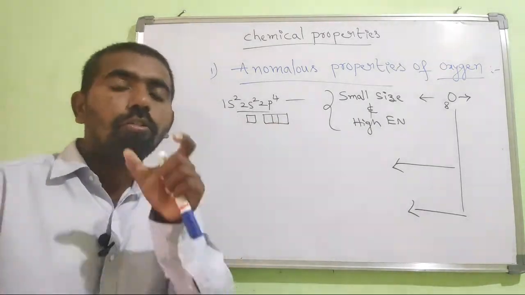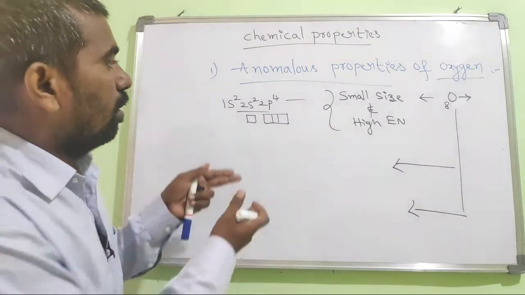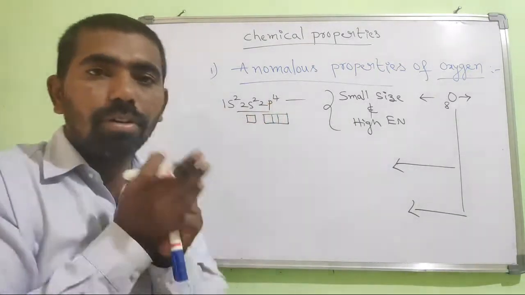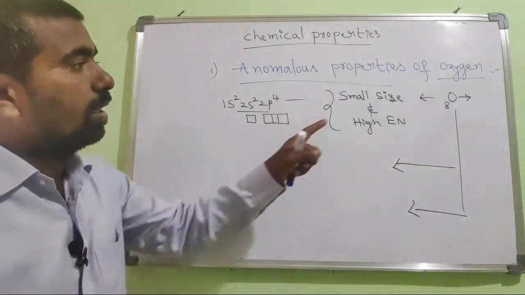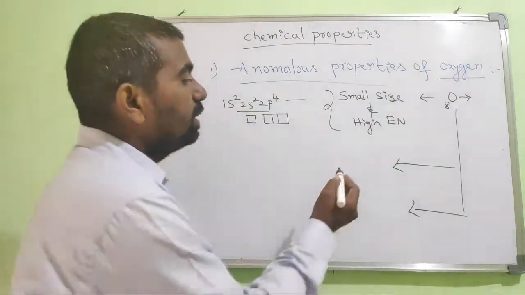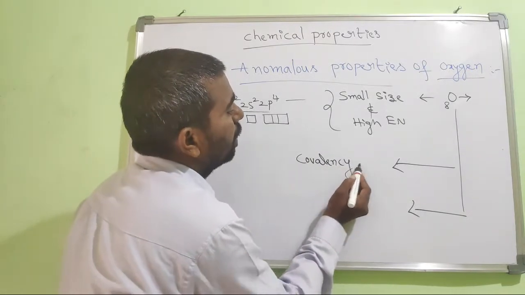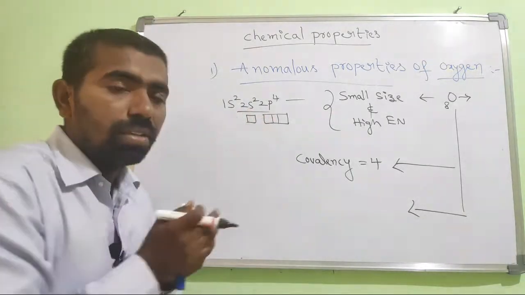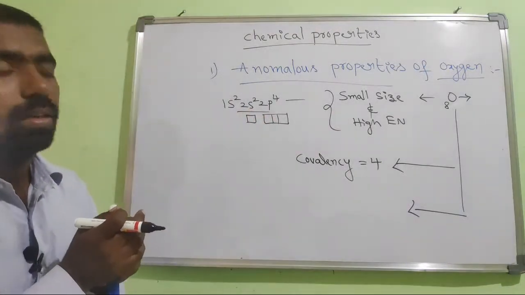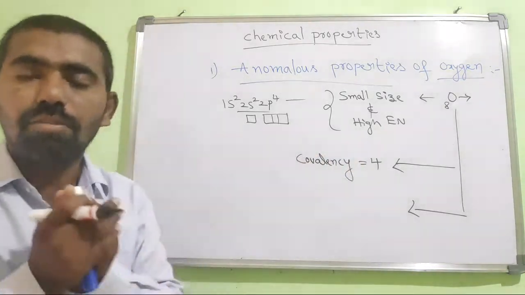A total of 4 orbitals are available for bonding with other elements. So that's why its maximum covalency is equal to 4, because 4 orbitals are there for bonding.